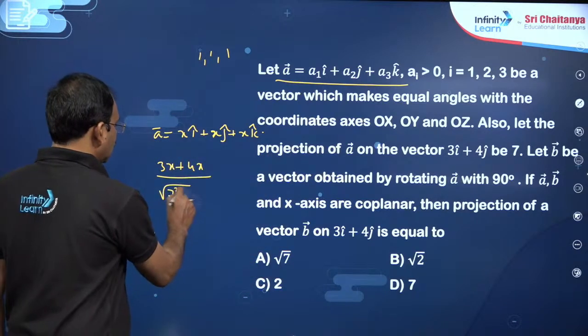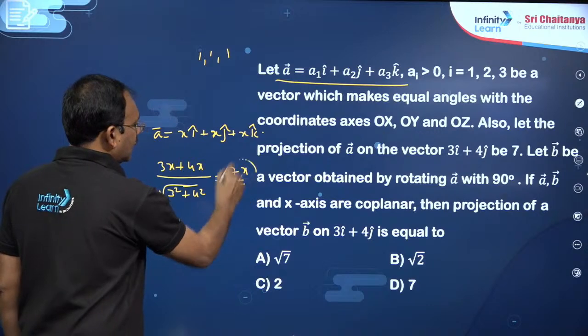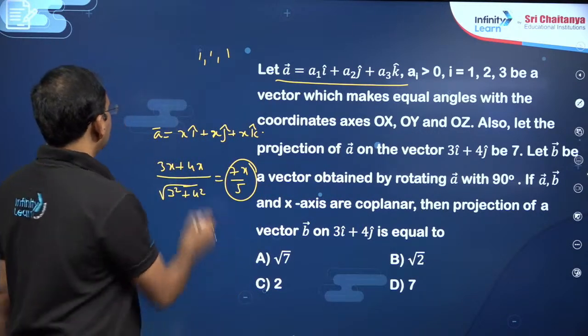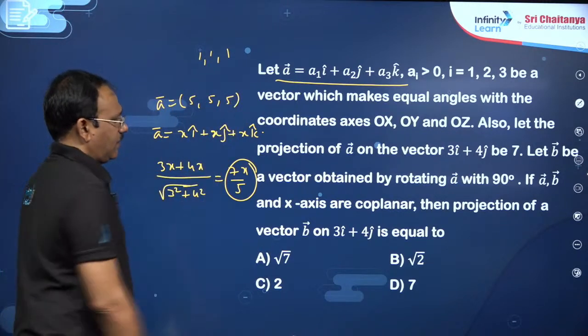Its magnitude is root of 3 square plus 4 square, which is 7x by 5. 7x by 5 is given as 7, so x must be 5. That means A bar is nothing but 5, 5, 5, my dear friends.